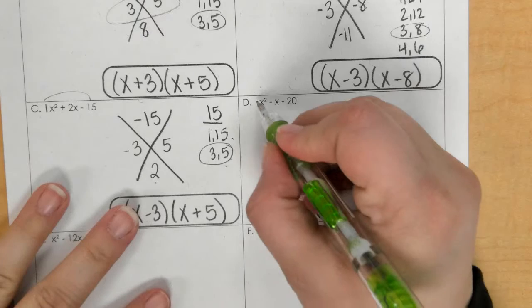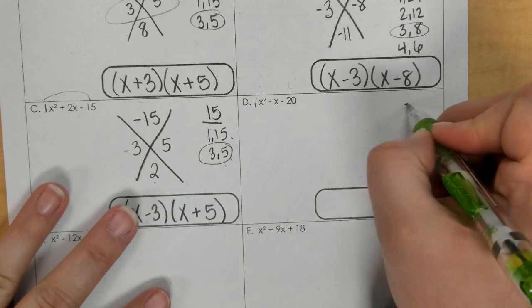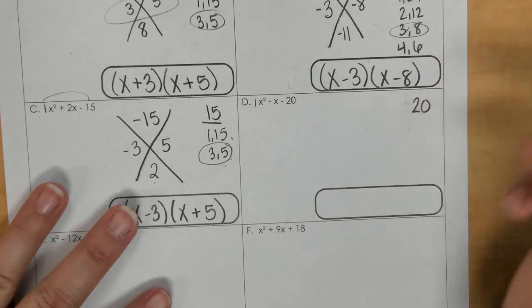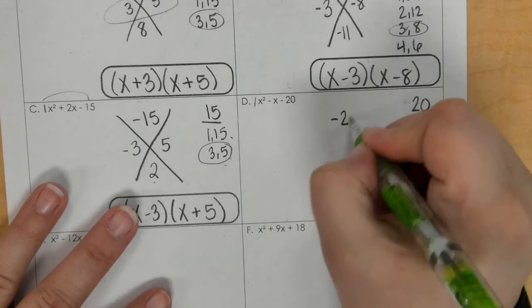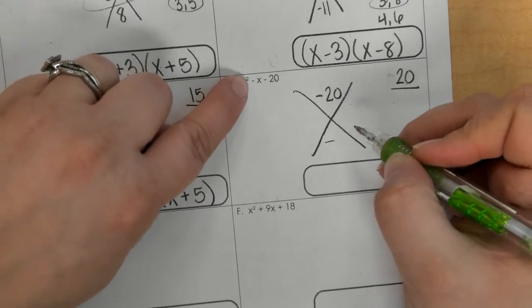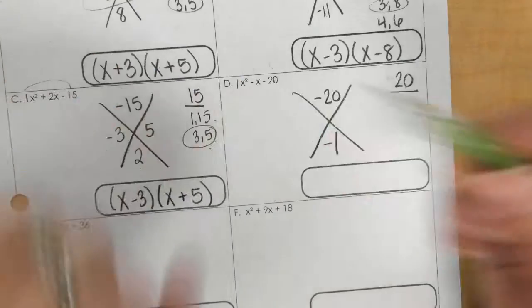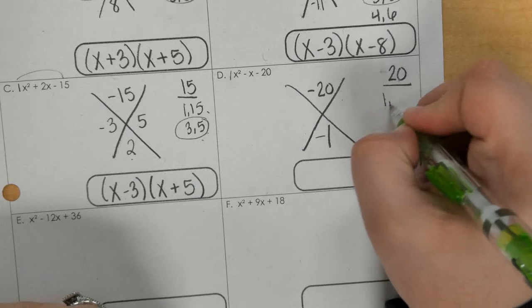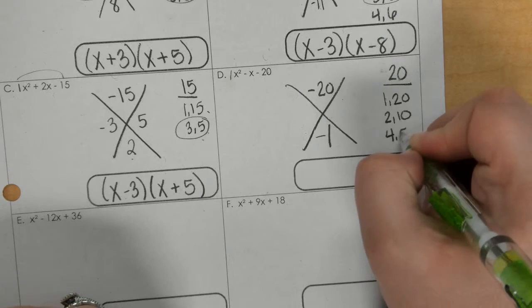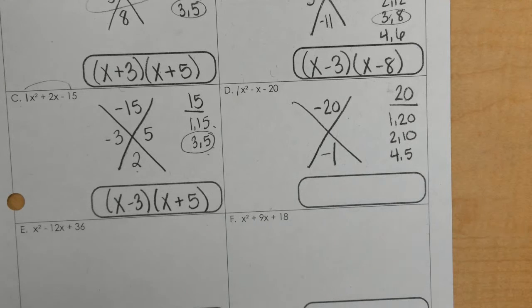So here we've got 1 times negative 20. It's negative 20. And we are going to try to get to a negative 1 this time. That middle number is a negative 1. So for 20, we have 1 times 20, 2 times 10, 4 times 5.